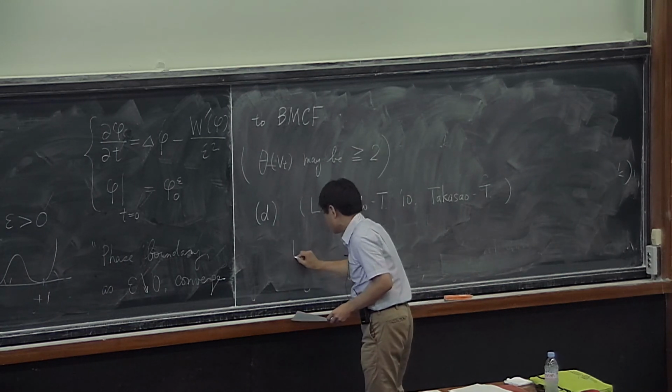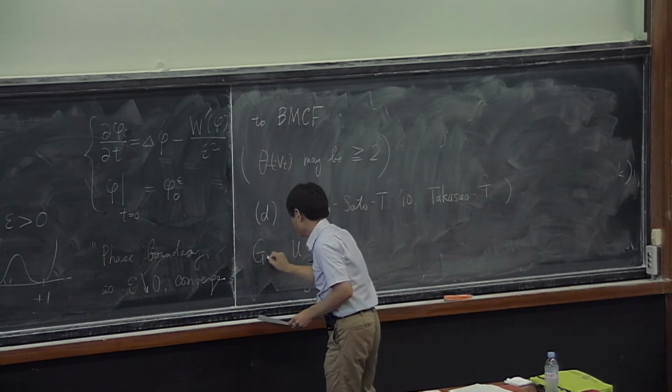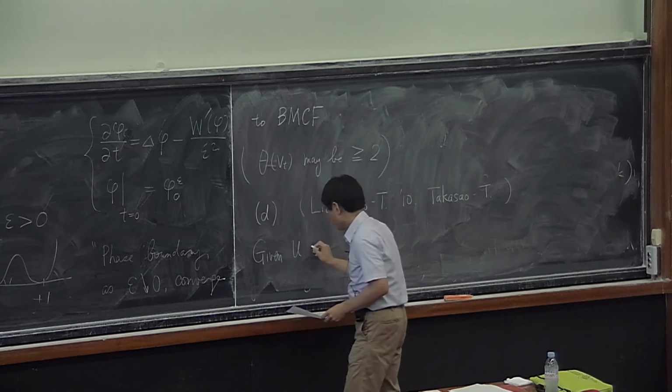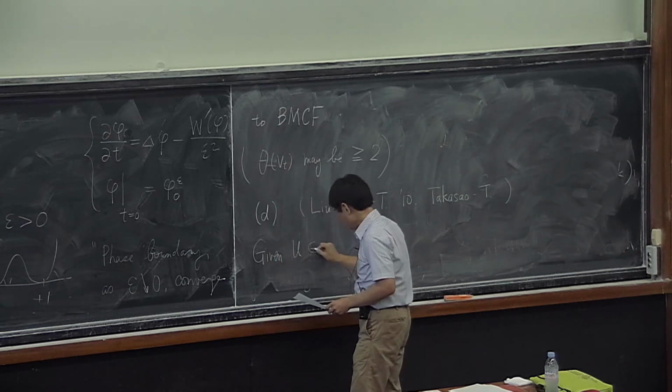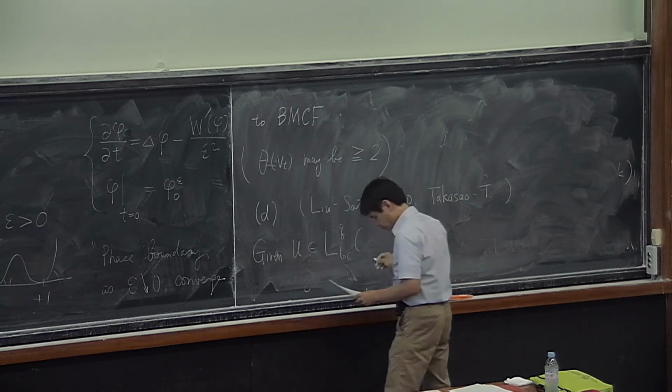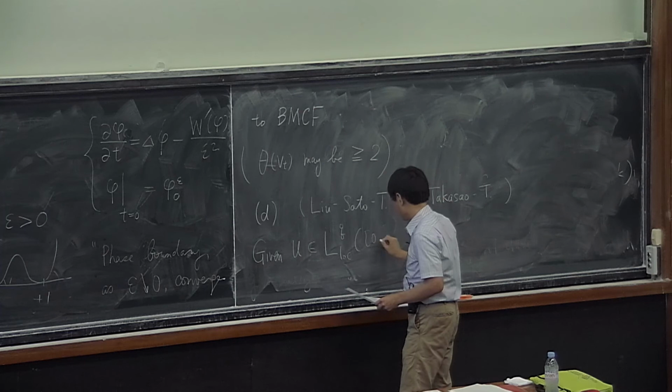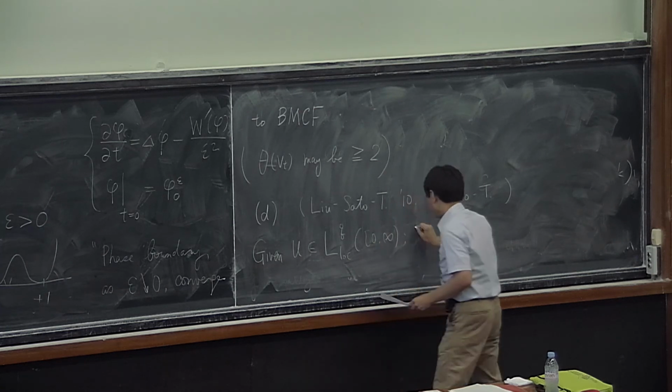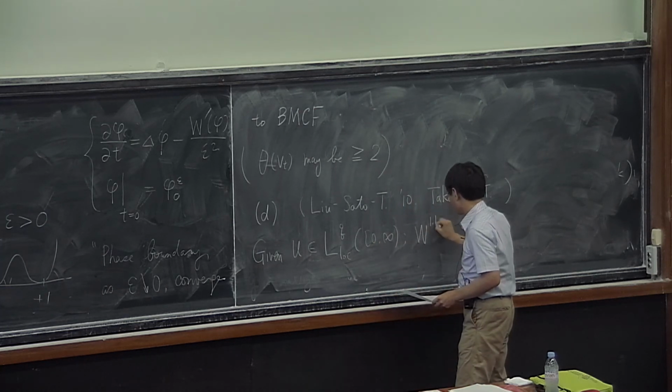this one is if you're given the vector field u, which belongs to L^q. I'm sorry, this looks a bit technical, but it is somewhat interesting from the regularity point of view.